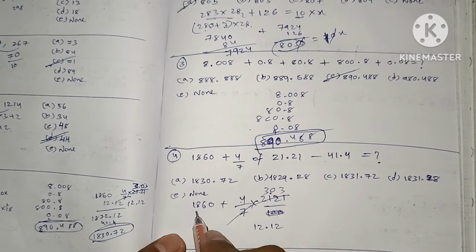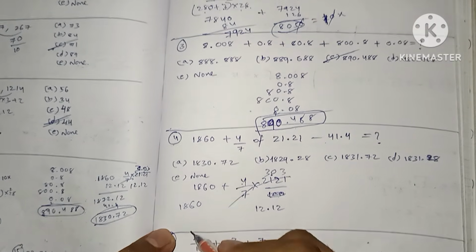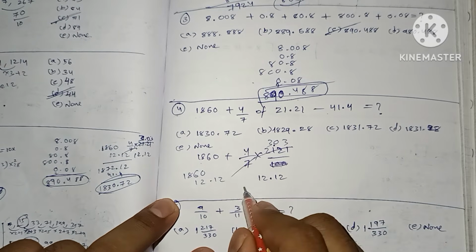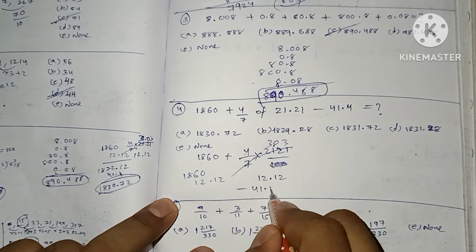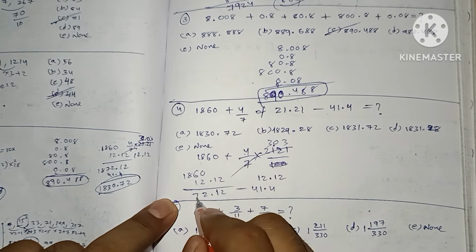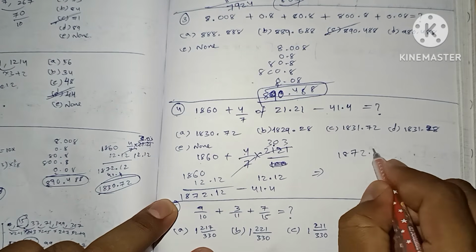So 1860 plus 12.12 minus 41.4. So we have 12.2781. So what we are left with is 1872.12.